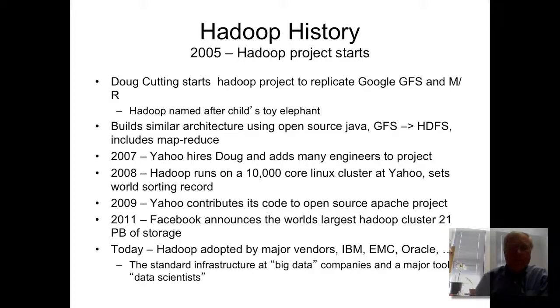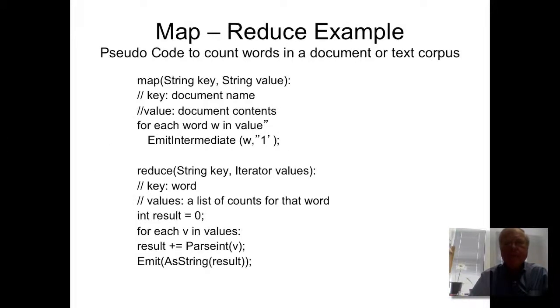In the last year, Hadoop has been adopted by major vendors, IBM, EMC, Oracle, and many others, to either front-end their old relational databases or to come up with Hadoop out-of-the-box kinds of processing systems. So Hadoop has now become the standard infrastructure at big data companies and a major tool for data scientists who are trying to deal with very, very large data sets.